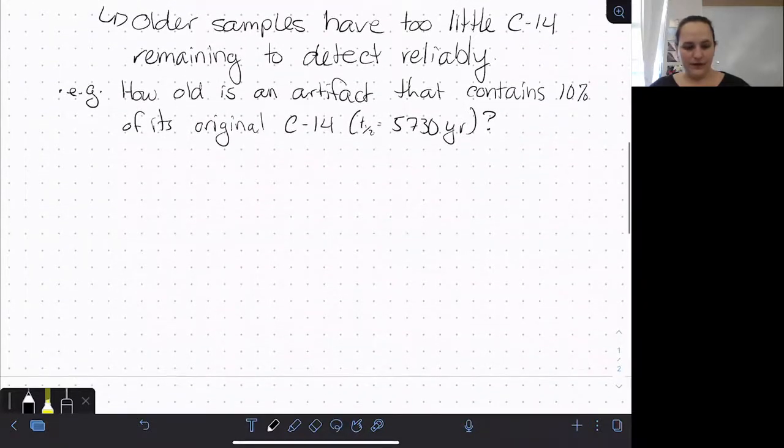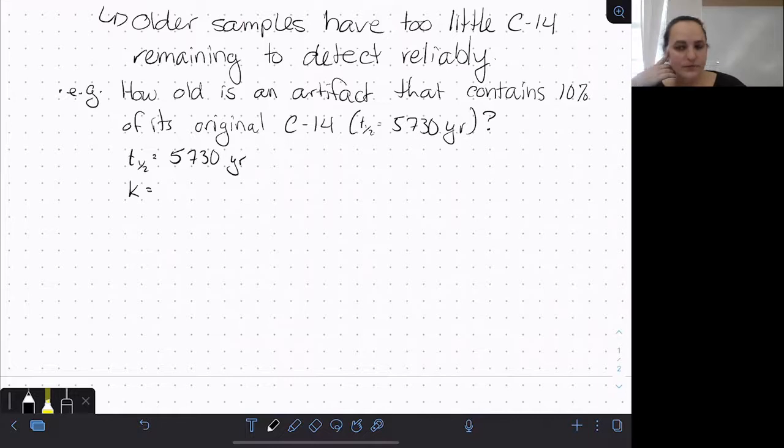Alrighty, I like to take inventory of what I know and what I don't. I know that the half-life is 5,730 years. I don't know K, but I can find it, and I'm going to need it, so that's the first thing that I do.